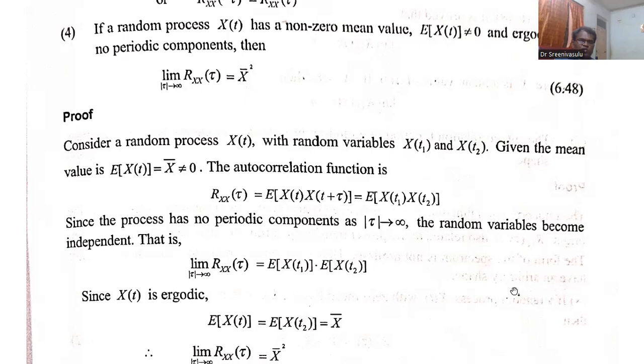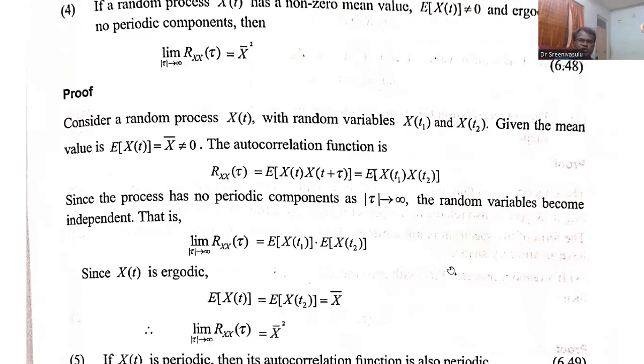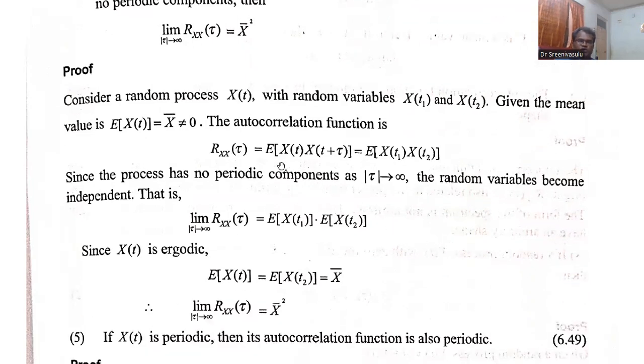Now, if you see this formula, Rxx of tau is, as usual, expected value of x of t into x of t plus tau. It is one time instant, and it is another time instant. Then you take the limit as tau tends to infinity on both sides. Then Rxx of tau is equal to expected value of x of t1 into x of t2, whenever these two random variables are independent.